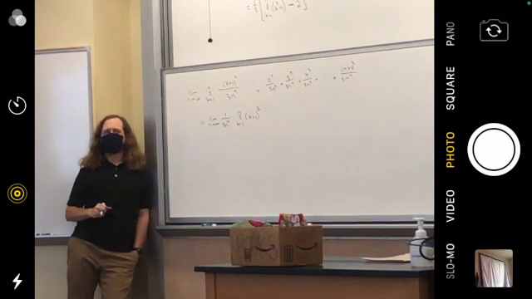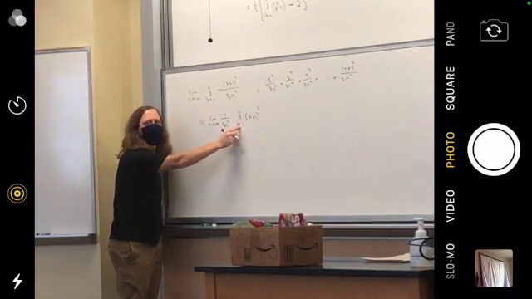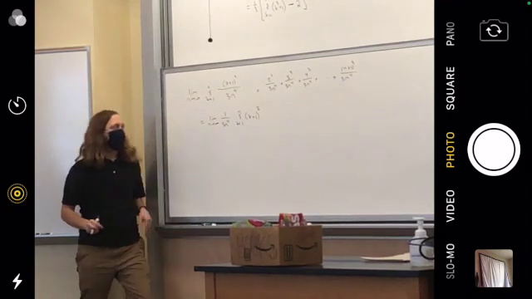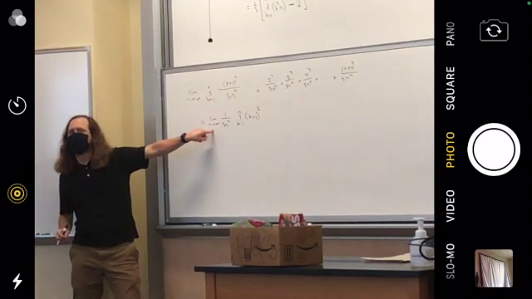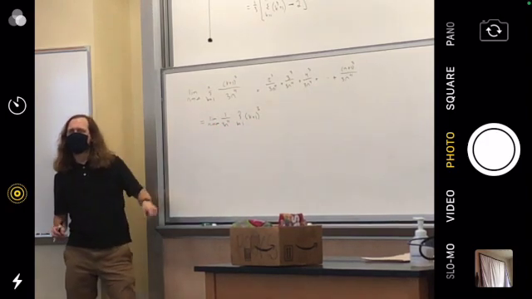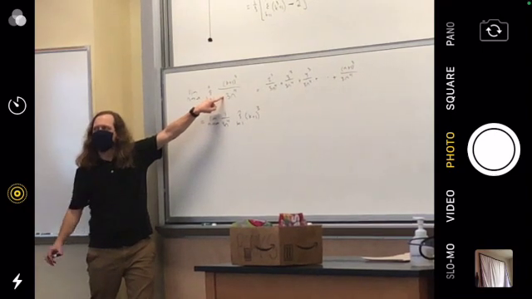Why am I allowed to move the 3 to the 4th outside? Because it doesn't depend on k. I can factor it out of all these terms. These terms all depend on k, so I'm not allowed to move them. But n doesn't depend on k, so I can move it out here. I can't move it out there because it has to be inside the limit. So there is a way you can split these up. Usually when we write the problem, they're all mixed together, because that's what will show up when we do the applications.